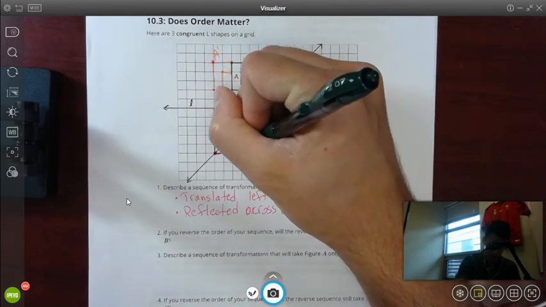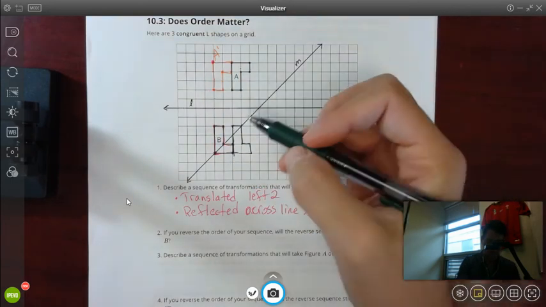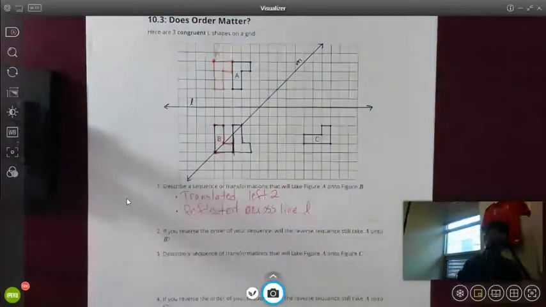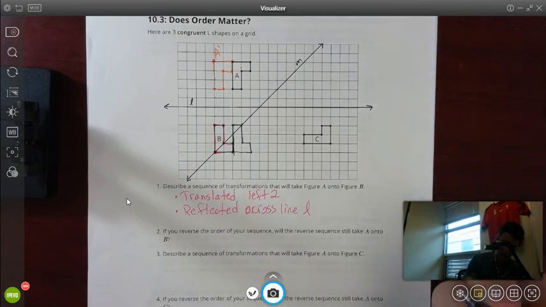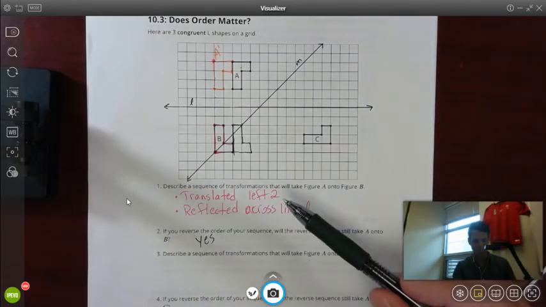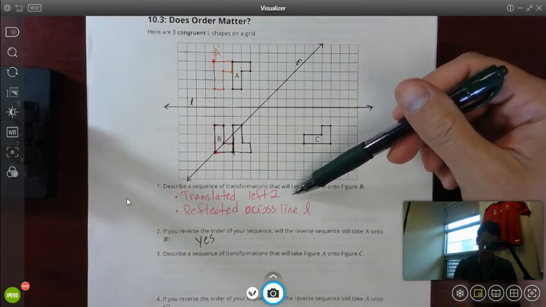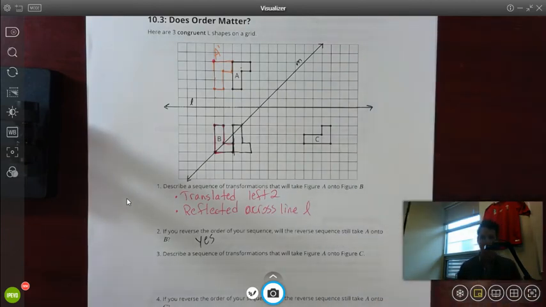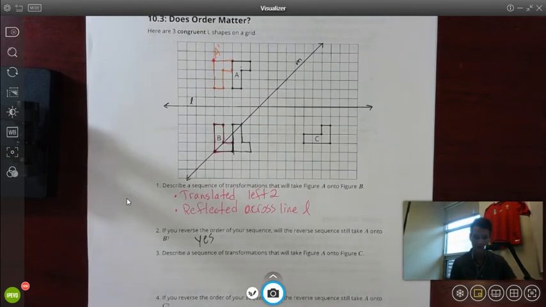And if I move further left 2, that would take me into that same figure B. So sometimes, if I translate left 2 and then reflect across a line, that would get me to the same place. So the order didn't matter in this particular case.